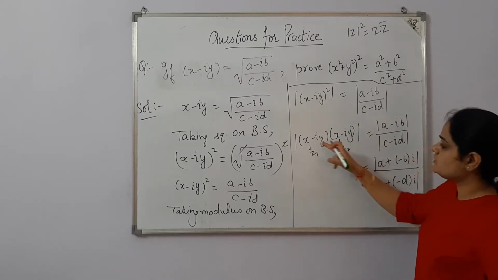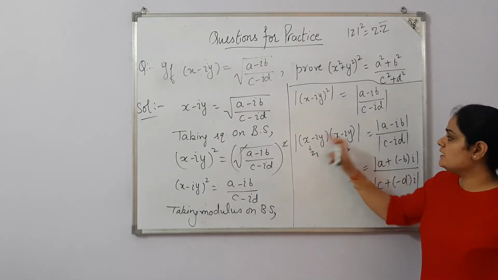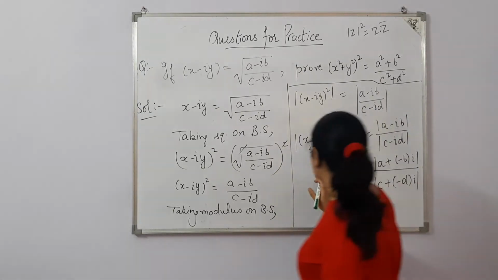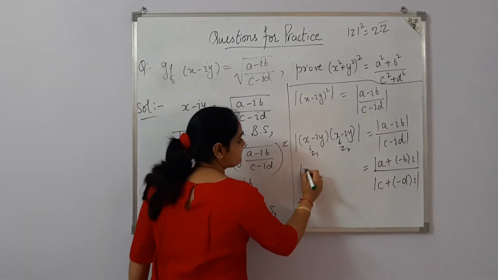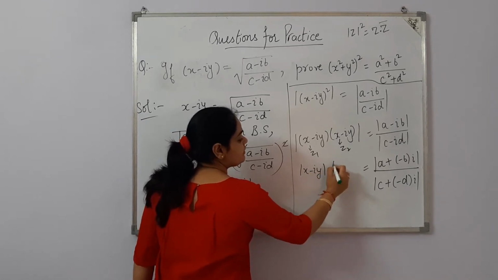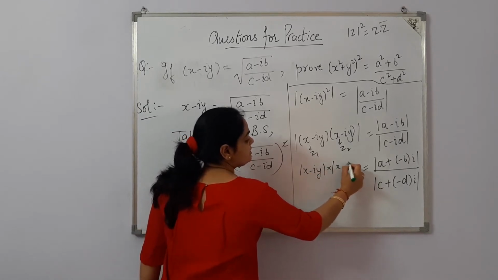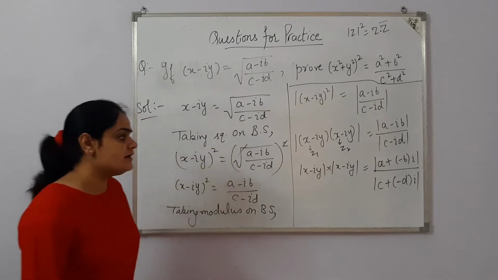So z1 into z2 is in multiplication and modulus. So the property will apply: x minus iota y's modulus into x minus iota y's modulus.